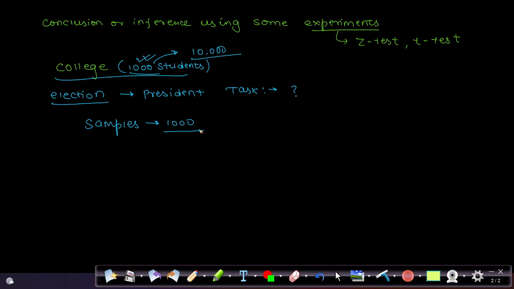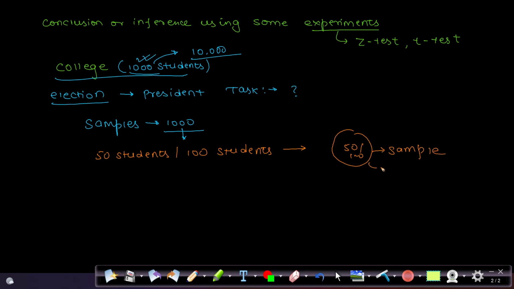Let's suppose you take a sample of 50 students, or 100 students, and ask them about the election.